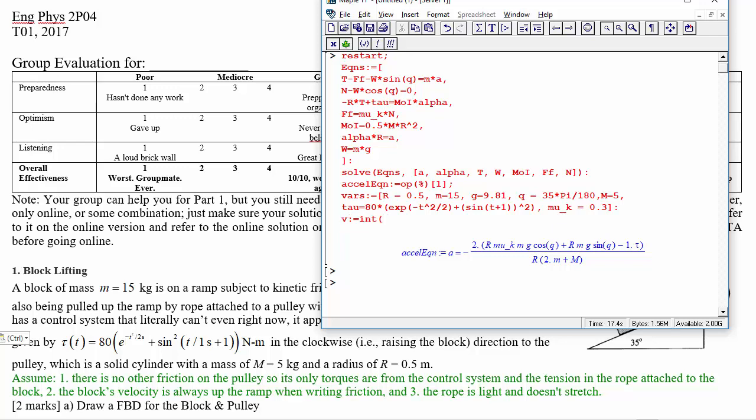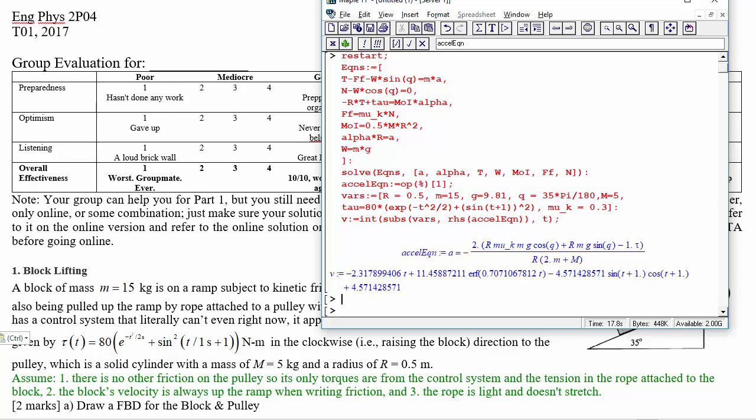So velocity will be the integral of substituting the variables into the acceleration equation, really the right-hand side of this. So integrate that with respect to t. There's our velocity. It has some error functions in it.